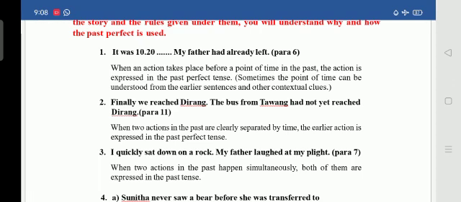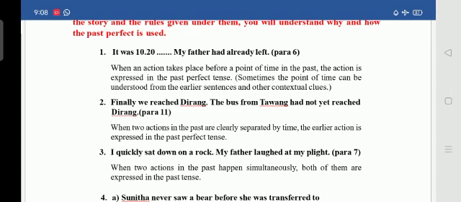So what they are telling is, when an action takes place before a point of time in the past, then we will be using the past perfect tense. Sometimes the point of time can be understood from the earlier sentences and other contextual clues.